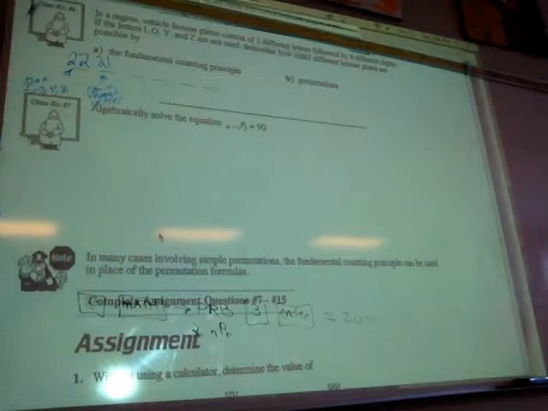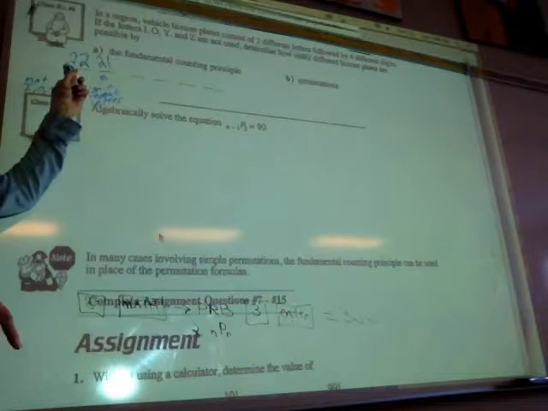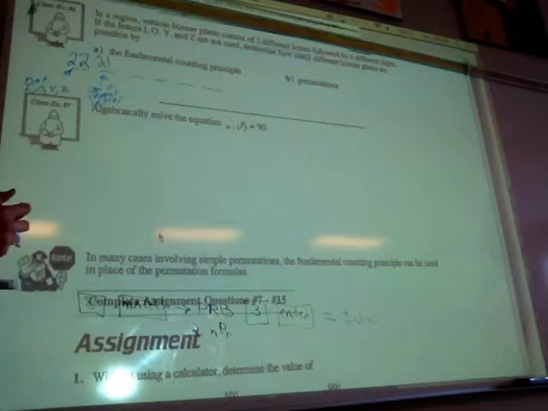So for the first place, we had 26 letters, but we can't use 4 of them, so we only have 22 options. If I've used 1 of those letters, I now only have 21 options.